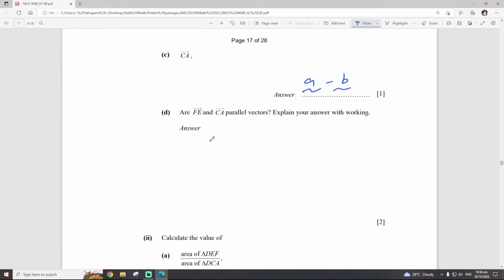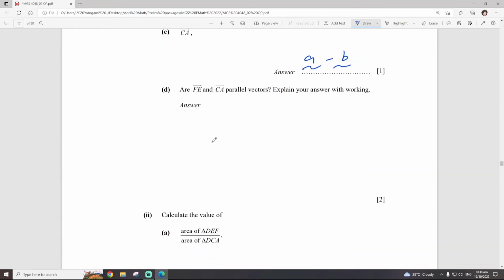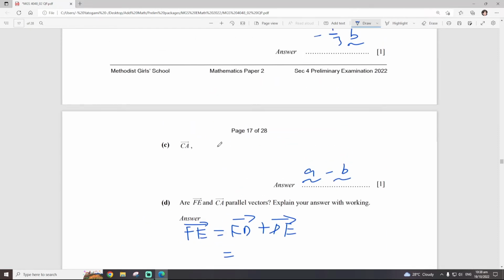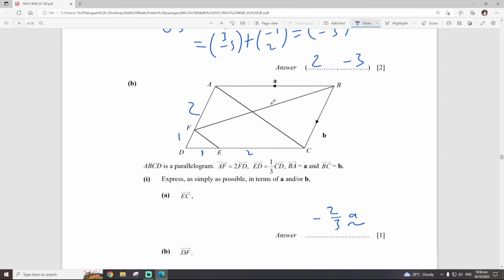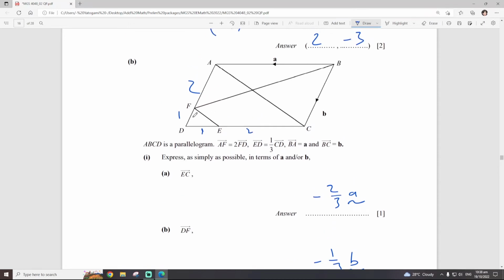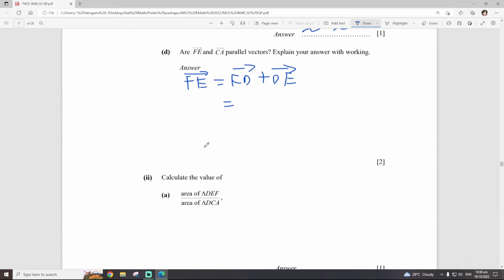Okay, FE equals FD plus DE, which is 1/3 of AD plus 1/3 of DC.